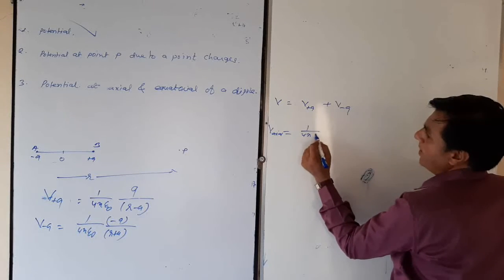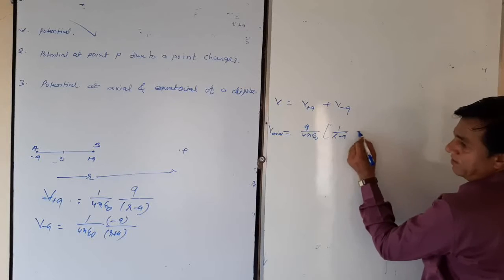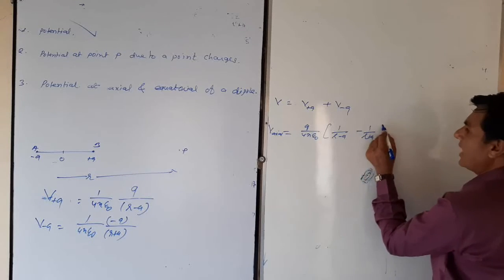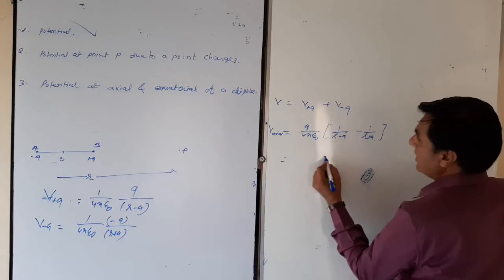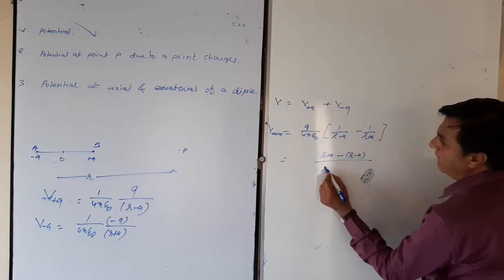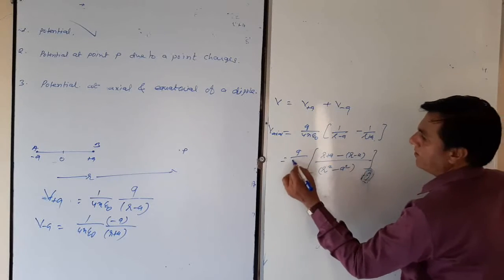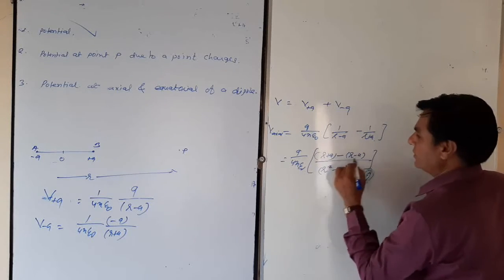1 upon 4 pi epsilon 0, Q common, 1 upon R minus A minus 1 upon R plus A. See, R plus A minus R plus A upon R square minus A square, Q upon 4 pi epsilon 0.